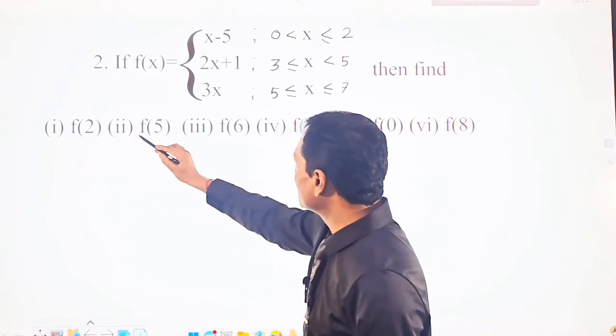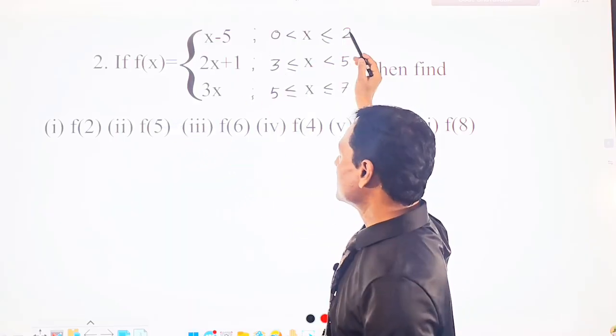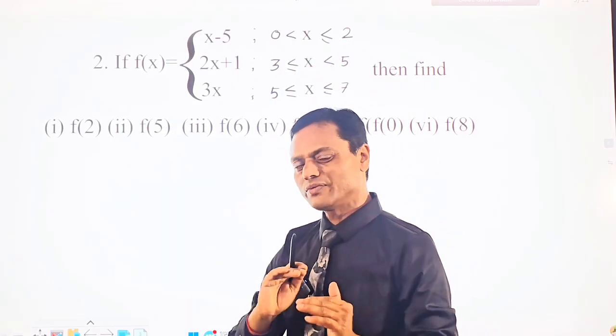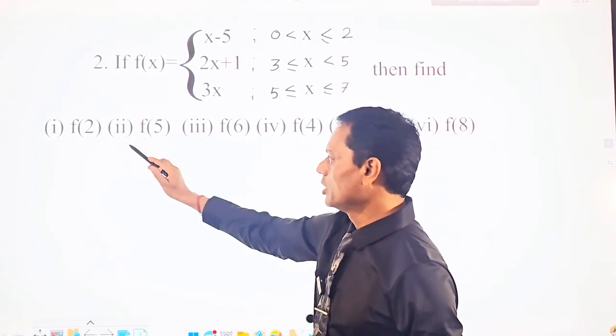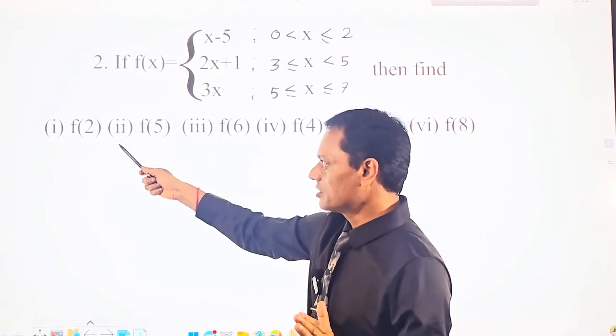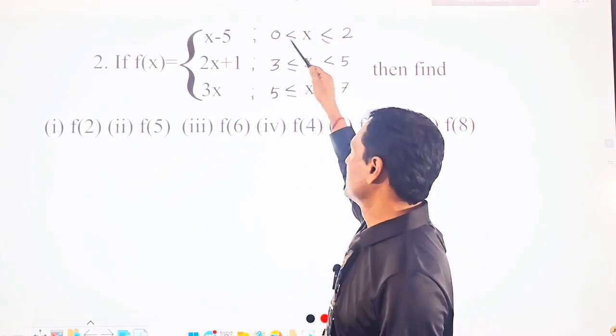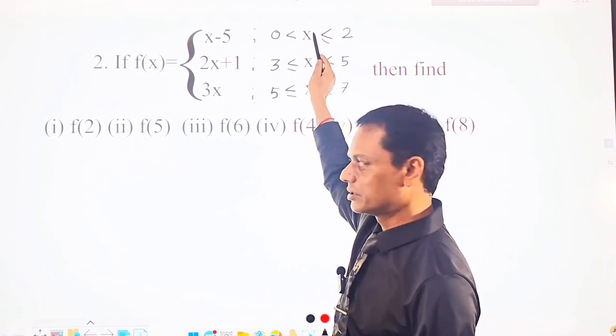Have a look here. 2, right? So actually 2 lies in which function? Upper one, middle one, or down one? The input 2 is valid in the first one, right? Because here x is less than or equal to 2, isn't it?